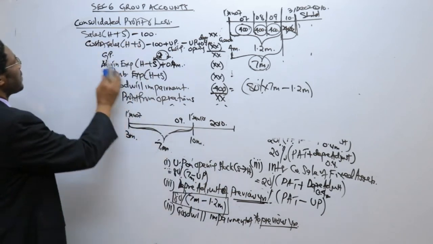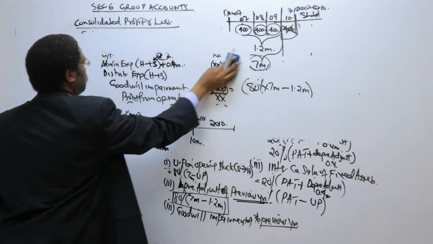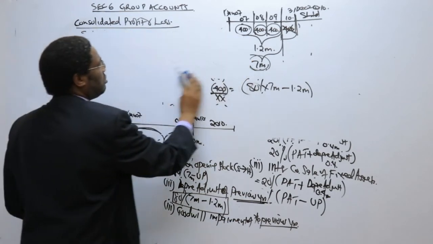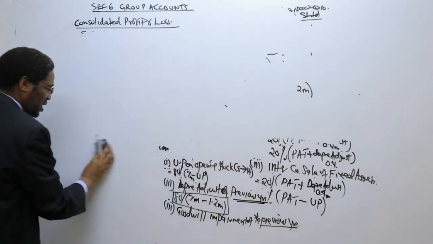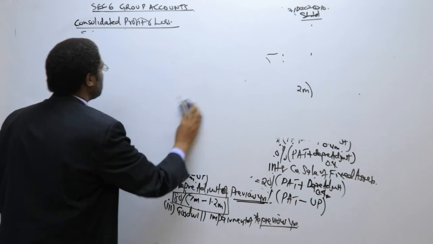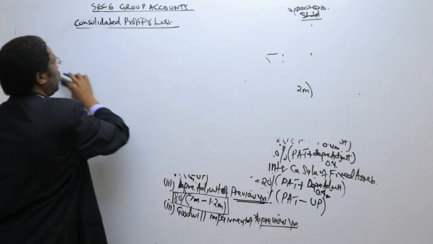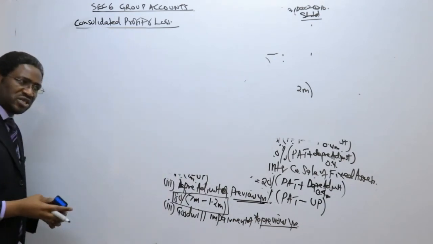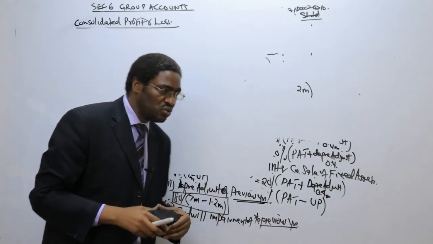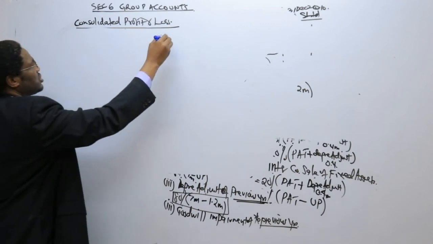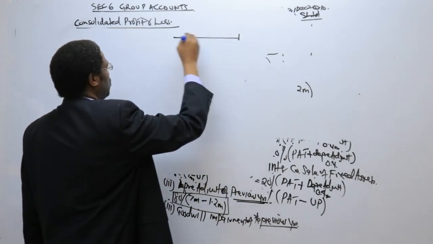Now, so far, so good. Before we do a past paper question on that area, let me take you back again. Whenever you are given a question of income statement to do, we have said it must be any one of the following cases.